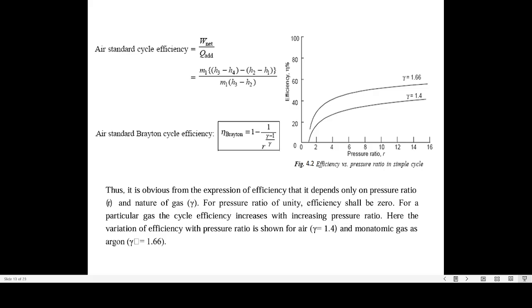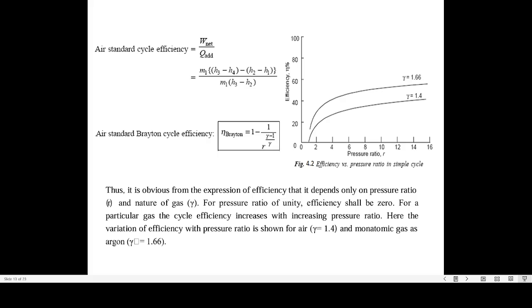Or we can write this pressure ratio as P3 divided by P4, pressure before expansion divided by pressure after expansion. So Brayton cycle efficiency is a function of pressure ratio r, and it is also a function of gamma. It means that it depends upon the nature of the gas as well.